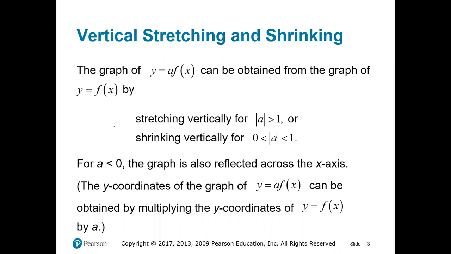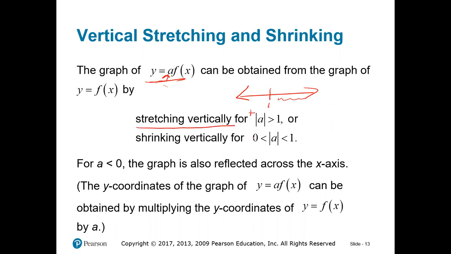All right. This is telling me that if A here is greater than 1, so basically meaning if I put it on the number line, anything greater than 1, all positive numbers, then we're going to have a stretching vertically.